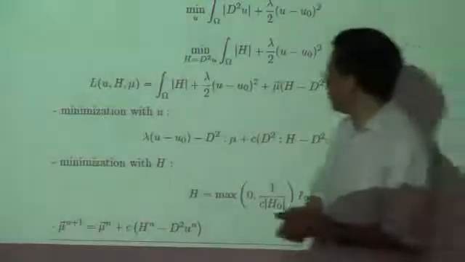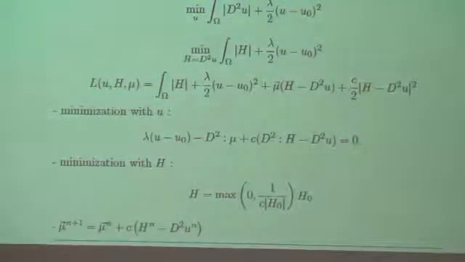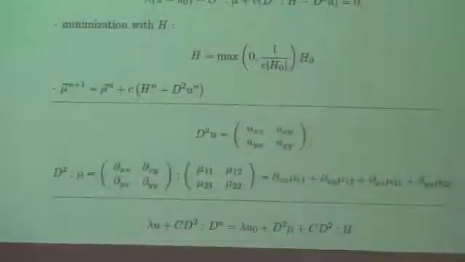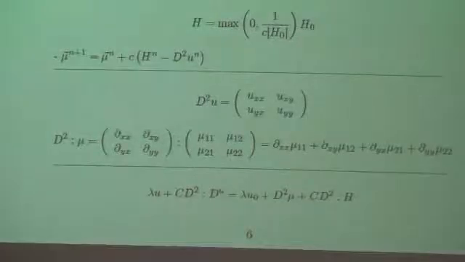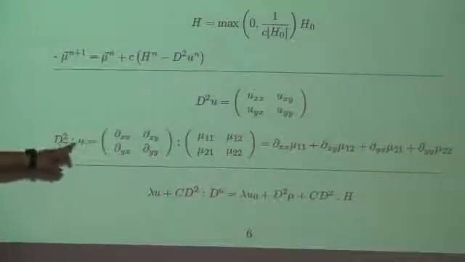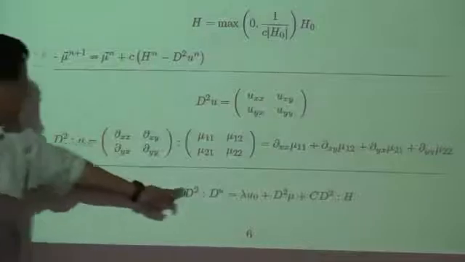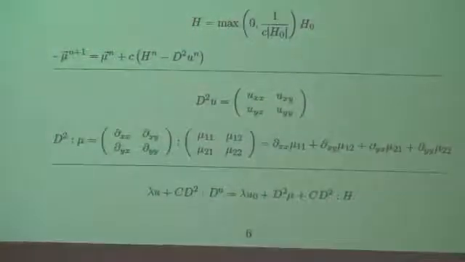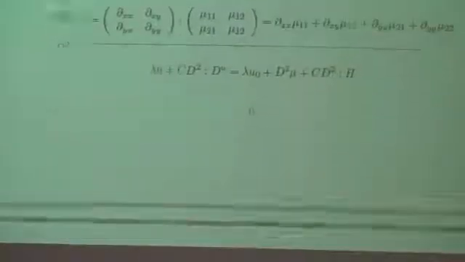I think this is also very much related to what you are doing. Maybe this idea has been extended by a number of people now. Here d squared u is a Hessian matrix, and that should produce a fourth-order PDE.